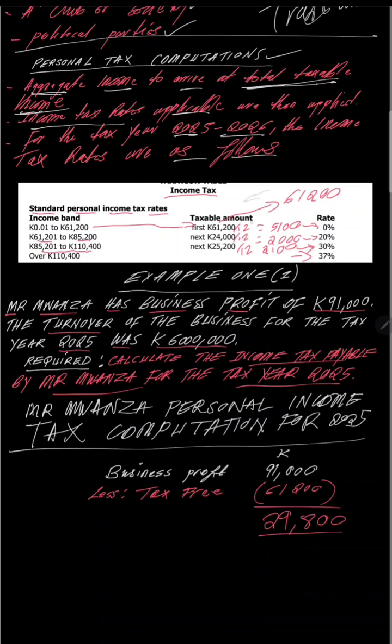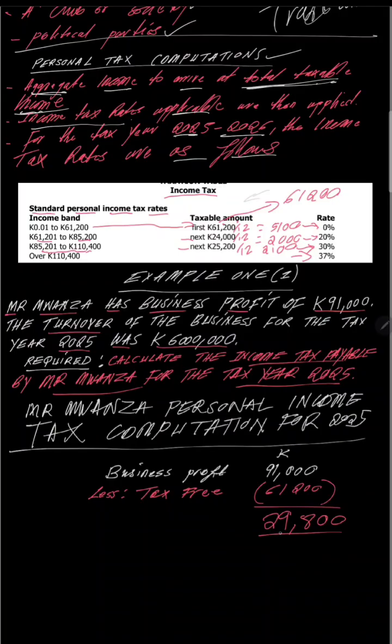So the first 61,200 has been charged at 0%. When you remove it, you're going to remain with the next 24,000 and the next 5,800. From 91,000, you remove the first 61,200.